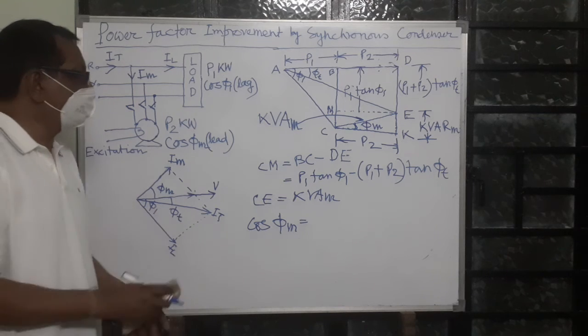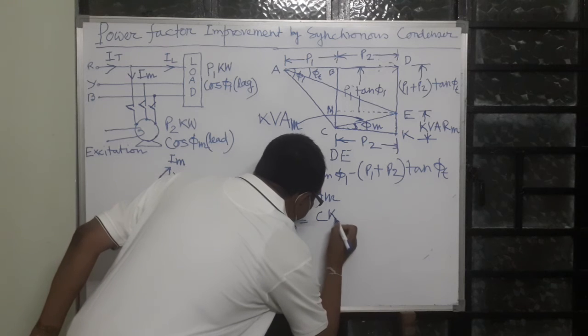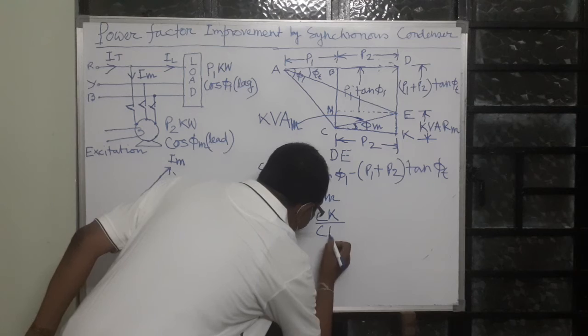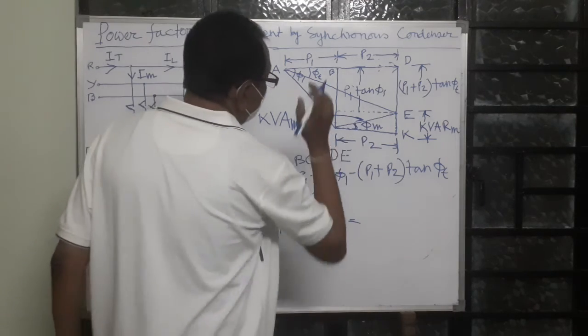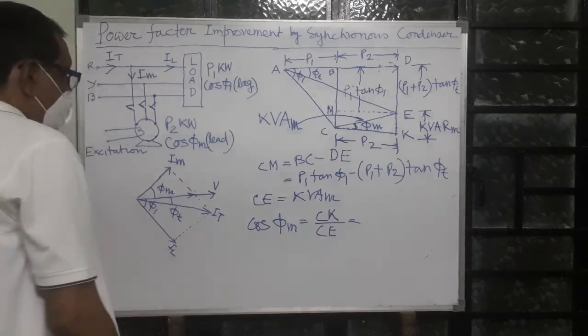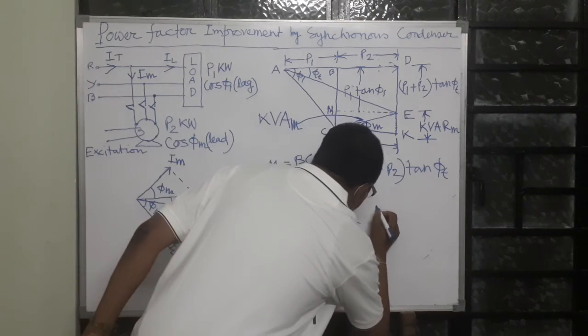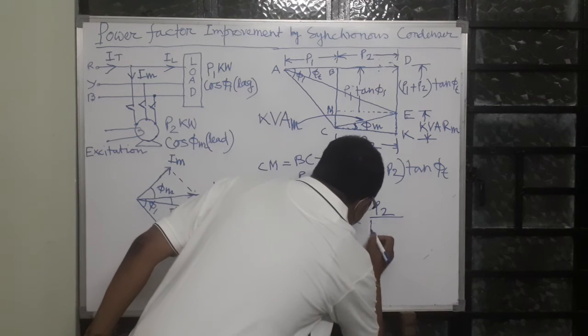So cos phi m equals CK divided by CE, base divided by hypotenuse. So I can write P2 divided by kVAm.